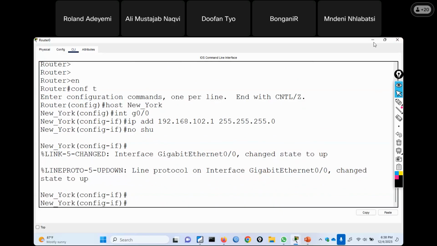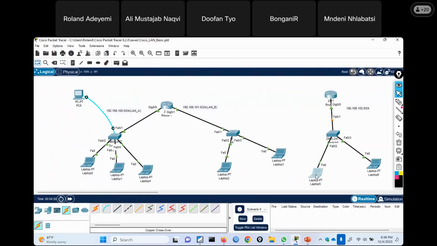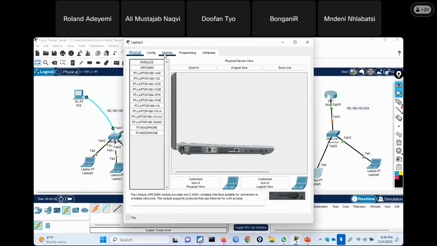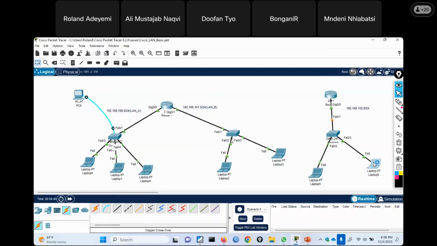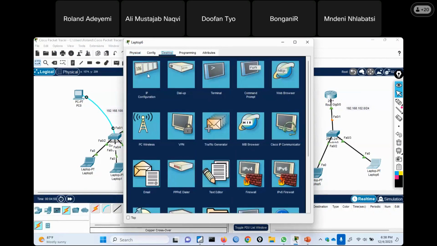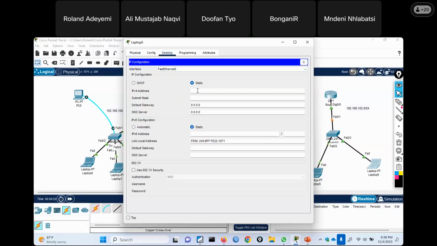So I'm done configuring that. So I'll go to the computers there, give them IP addresses based on that network. I believe we should all know this because I have built LANs in this class, and that's why I'm not slowing down to explain.